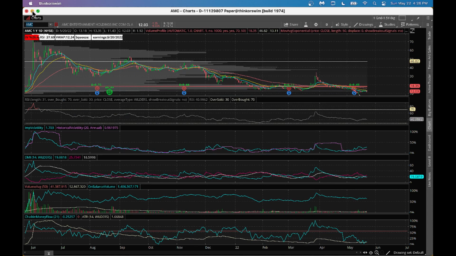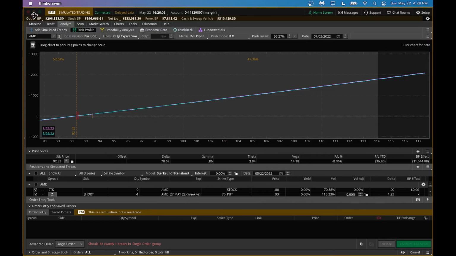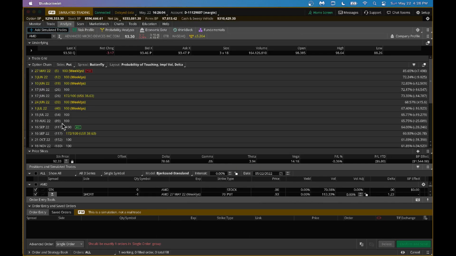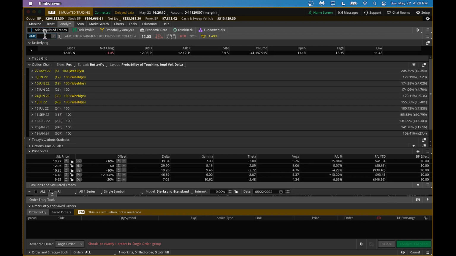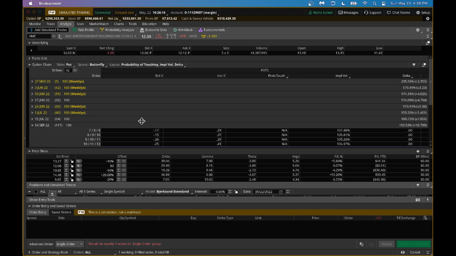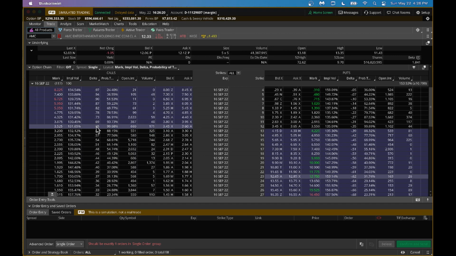What I would do here is go back to the trade tab, and you could implement on AMC, maybe 117 days out. The stock price is at just $12, as you can see here.